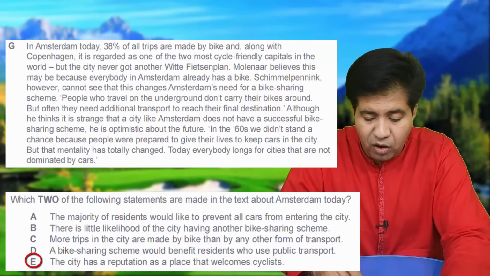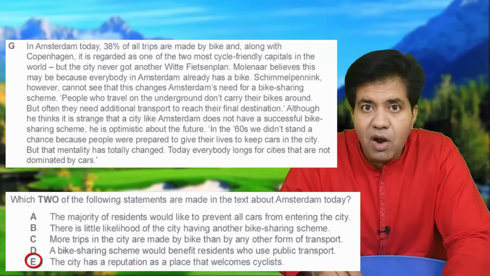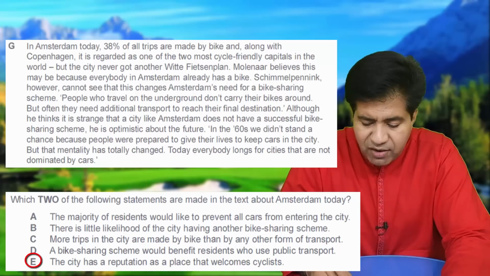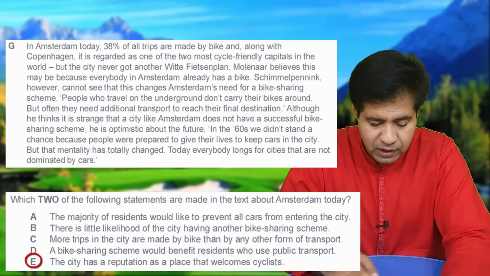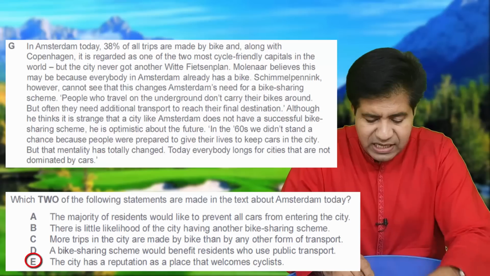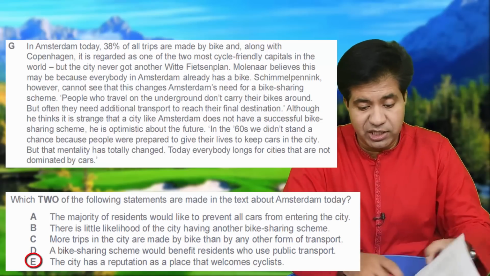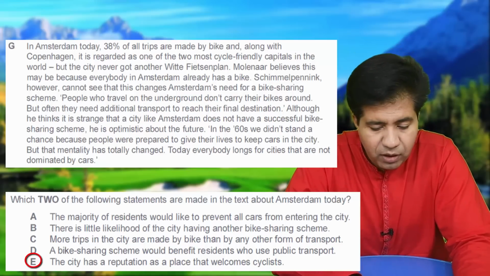People who travel on the underground. Now underground is public transport. People who travel on the underground don't carry their bikes around, but often they need additional transport to reach their final destination.